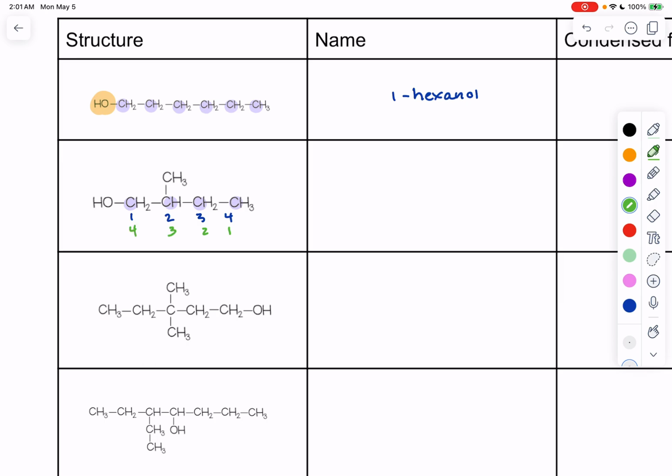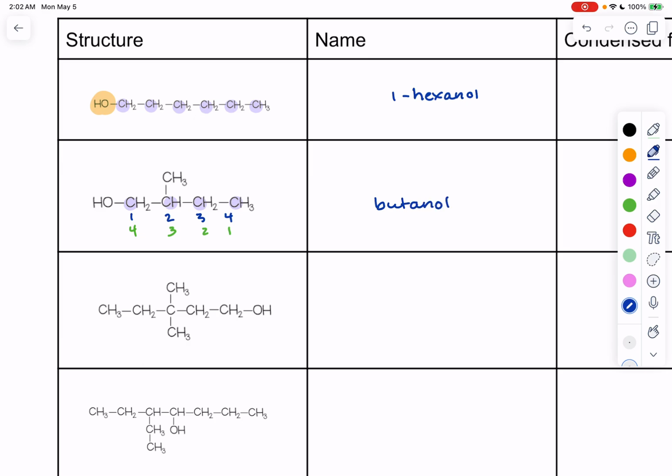If you said blue, you were correct because that's where we first run into a functional group or a substituent that's sticking off of the long chain. So the longest chain here is 4, which means it's methyl, ethyl, propyl, butyl. So it's going to be butanol.